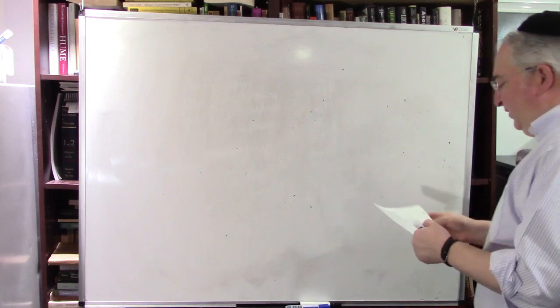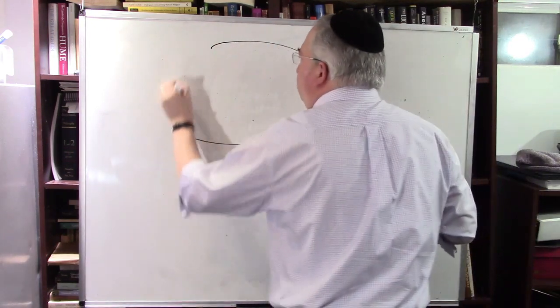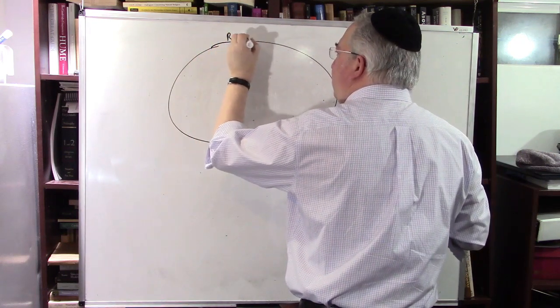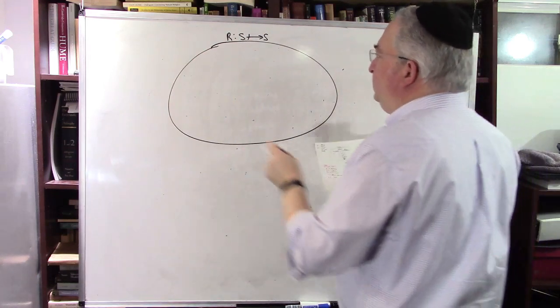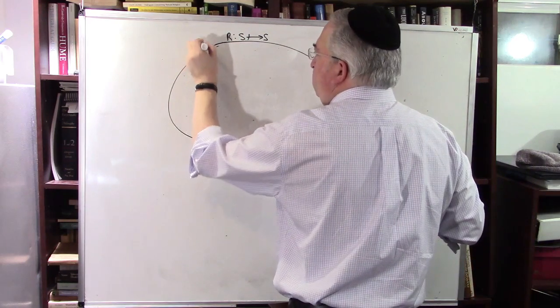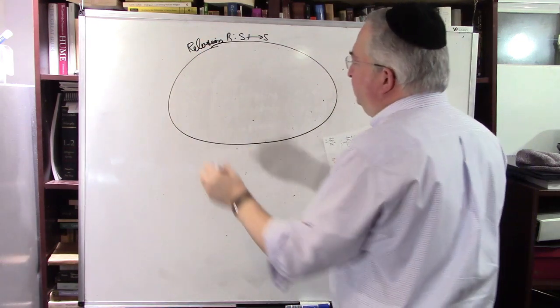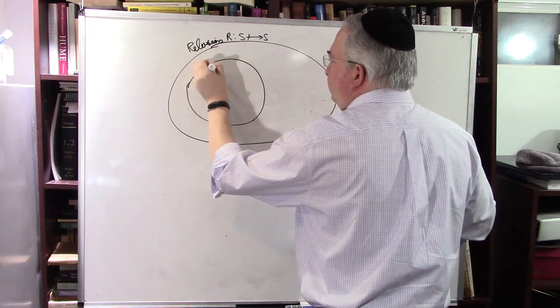So the nice Venn diagram goes as follows. You have all relations from S to S. So these are all relations. But now I have special types of relations. One is called transitive.